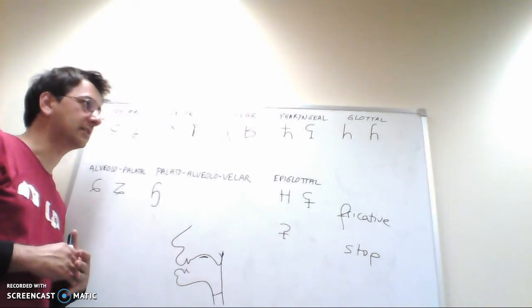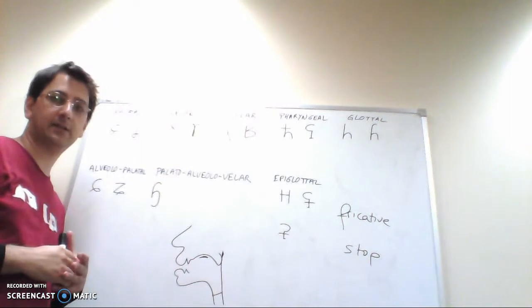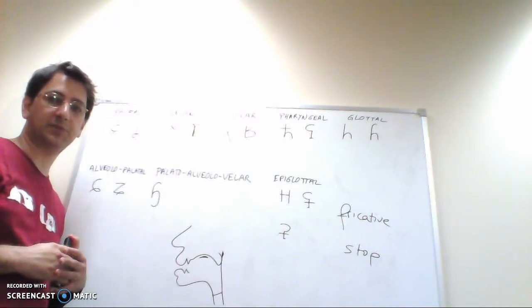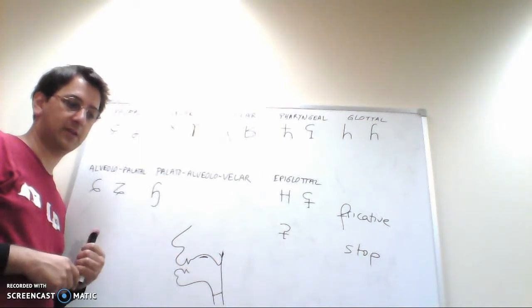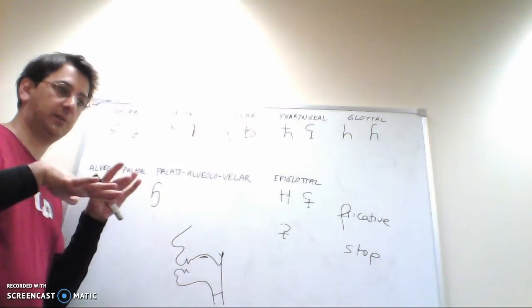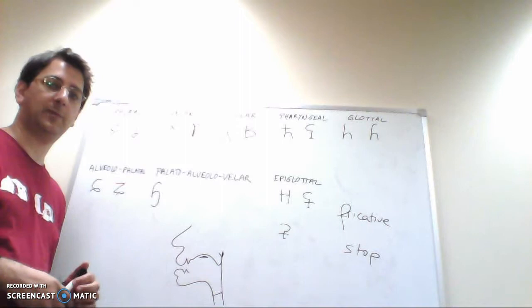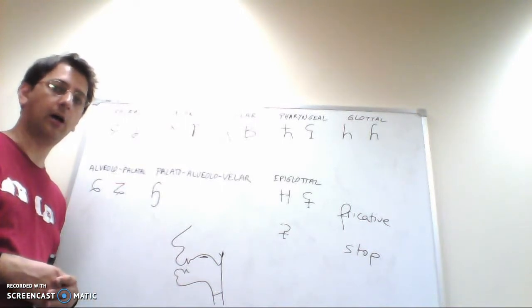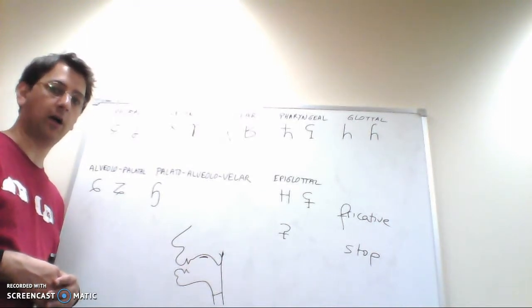The pharyngeals. So this sound, for example, exists in Arabic. To produce it, you have to move the body and the root of your tongue, like push it down and back, and that would make a sound like ha, aha, aha, ah, or the voiced ra, ara, ara, ara.